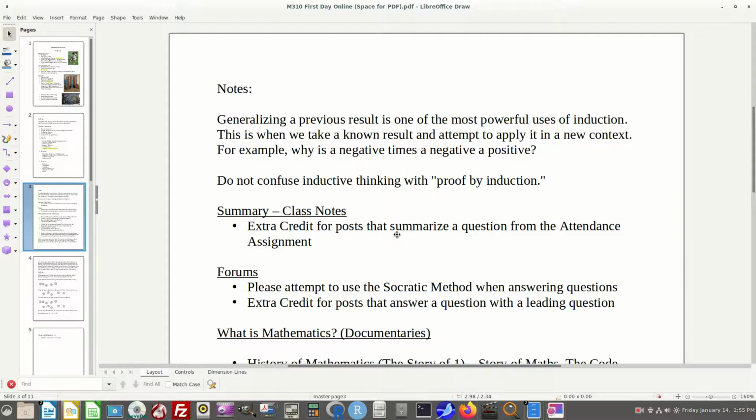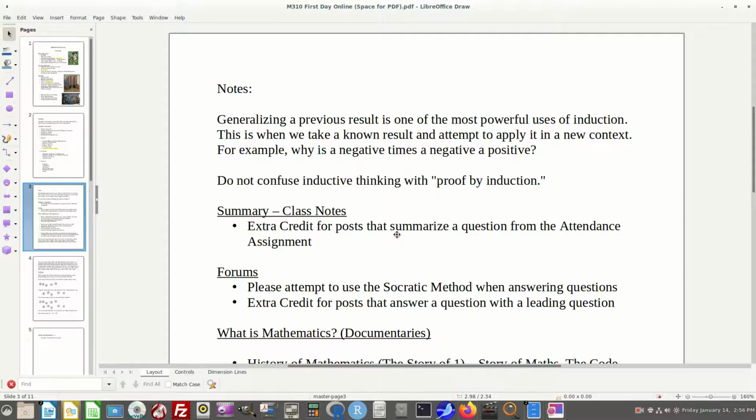Inductive thinking means that we are looking at examples and from examples drawing a general conclusion. A proof by induction is basically a process of saying that if you can get from one to the next and you can get to the first, then you can get through all parts of it. We probably won't be doing any proofs by induction, but we will certainly be doing inductive thinking.